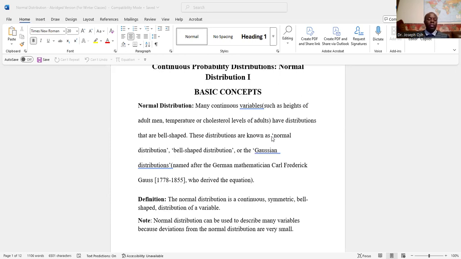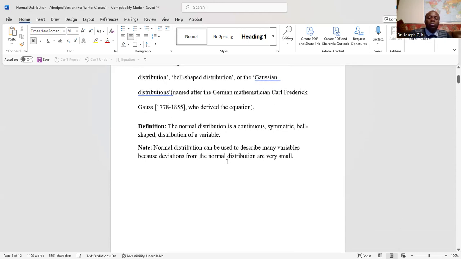That person becomes a complete outlier. So there are certain things we consider to be normal. These distributions, we call normal distribution, bell-shaped distribution, or Gaussian distribution. So this leads us to the short definition of the normal distribution.